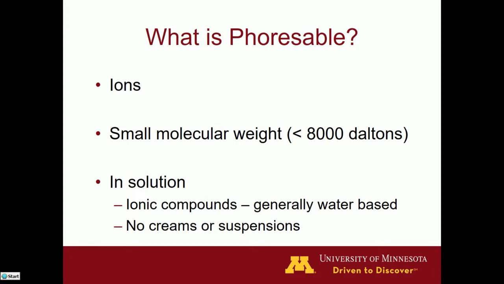So what is deliverable? You can't just put any sort of medication on an electrode and expect to have effective delivery into the skin. First of all, the compound must have a charge, so it has to be an ion. Secondly, it has to be small. It needs to have a molecular weight less than 8,000 Daltons.